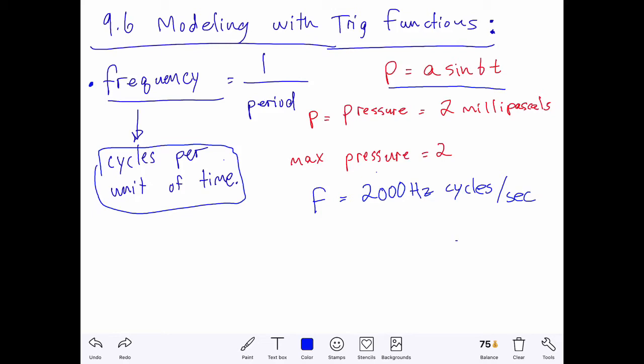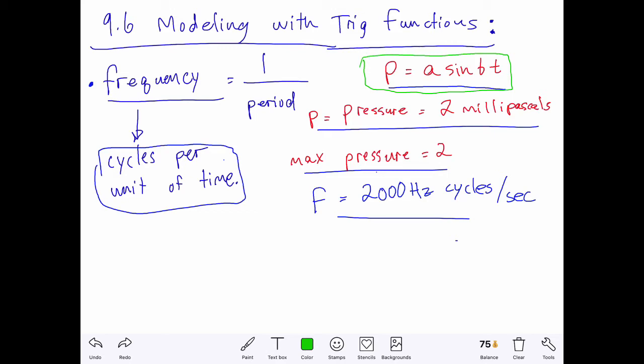And they also tell us that the max pressure is 2. So they give us essentially this information here, and then we're left to construct essentially a sine model that represents this.